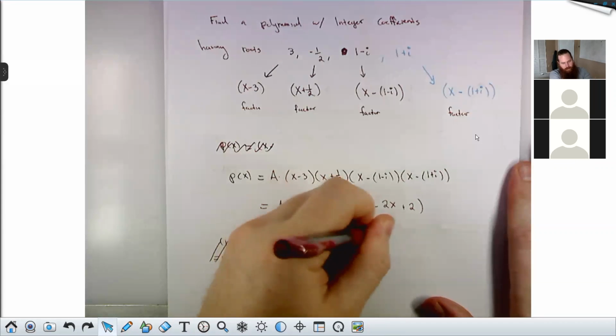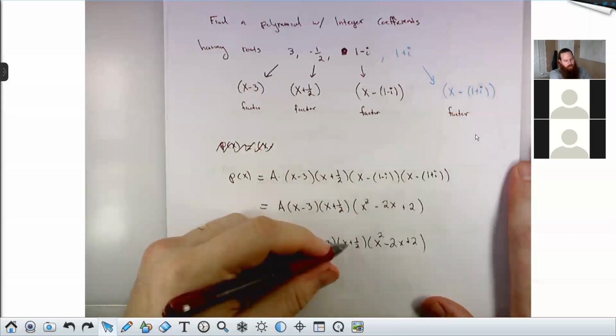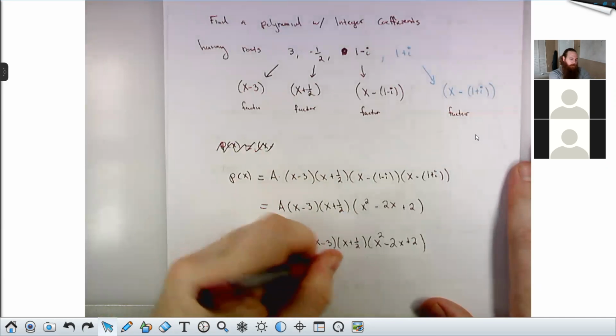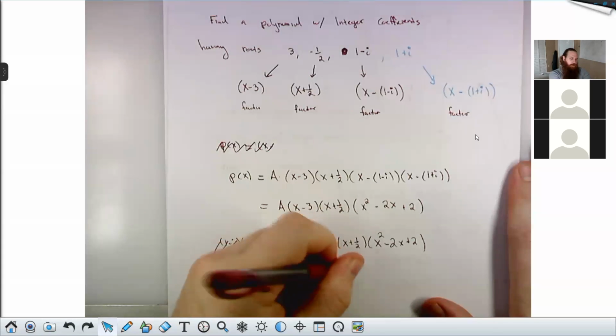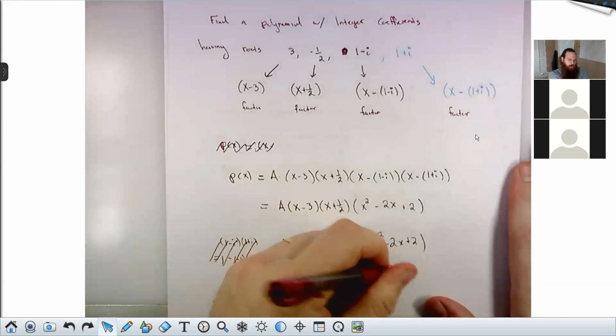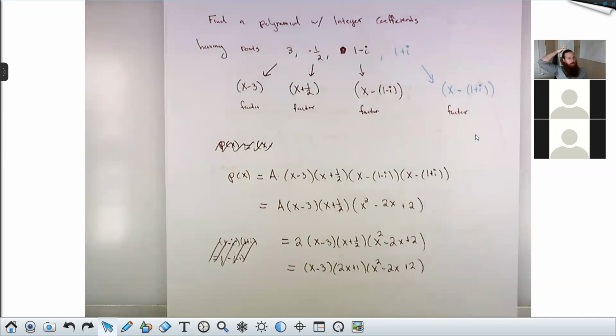Because then I can push that into this x plus 1/2 factor, and I get x minus 3, 2x plus 1, x squared minus 2x plus 2. And now without multiplying it out, you can tell that this will have integer coefficients because it already has integer coefficients. And when you multiply those out, you're not going to introduce any fractions, you're just multiplying whole number pieces.